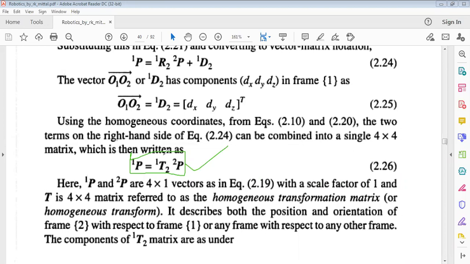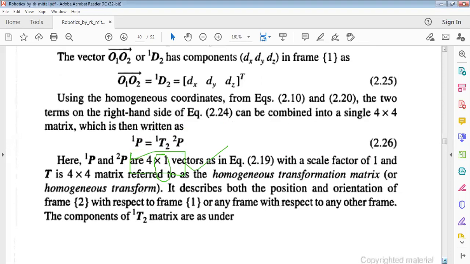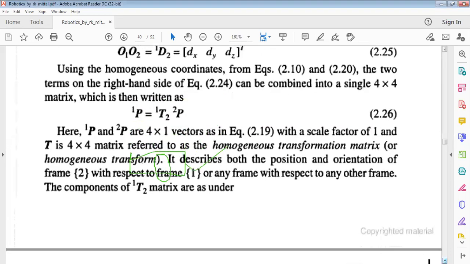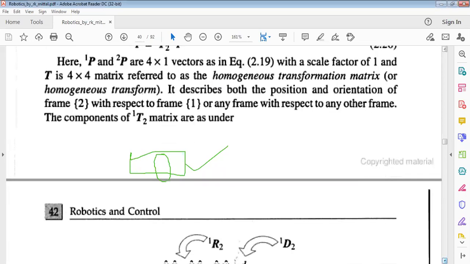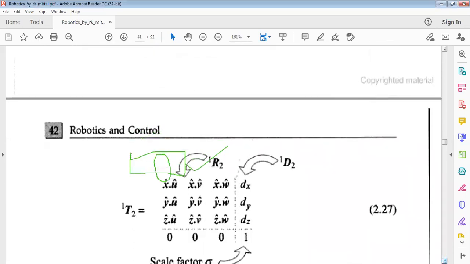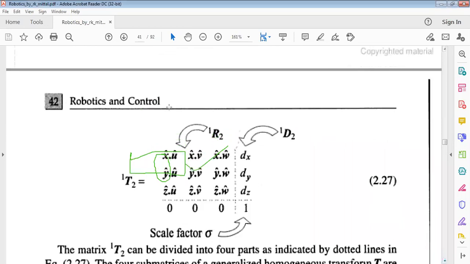The discussion is going on about this matrix 1T2, which is the 4x4 homogeneous transformation matrix. This matrix indicates the position and orientation of the second frame with respect to the first frame.